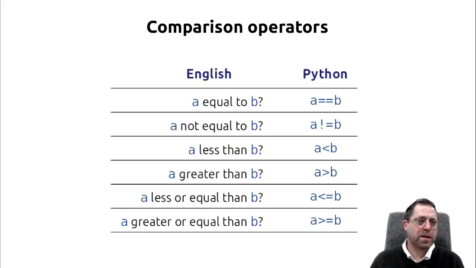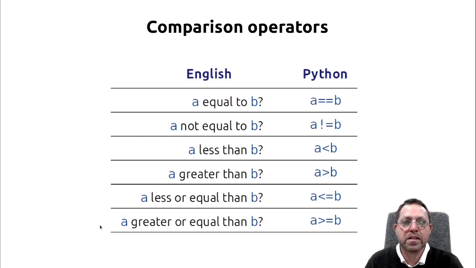So simple Boolean expressions are pretty intuitive, and we're going to see here how to create them using comparison operators in Python. So this table shows all of the comparison operators on the right and their respective English phrases on the left. Here, A and B stand in for, say, 2 numbers.